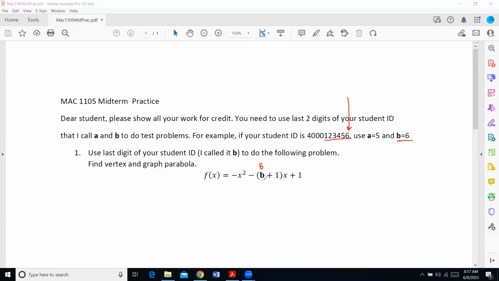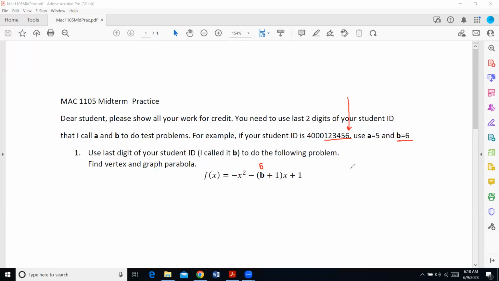So whatever the last digit of your student ID is, you just replace it with letter B, and then you do the problem that asks you to graph a parabola. So if you have any preference for some other digit than 6, just tell me. I will use it to do this exercise for you right now.